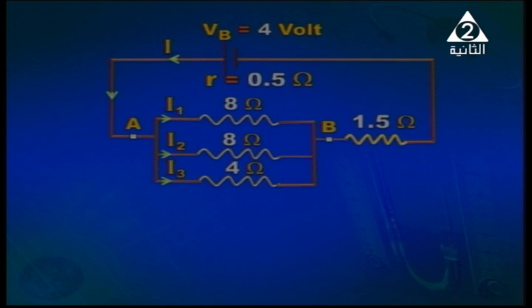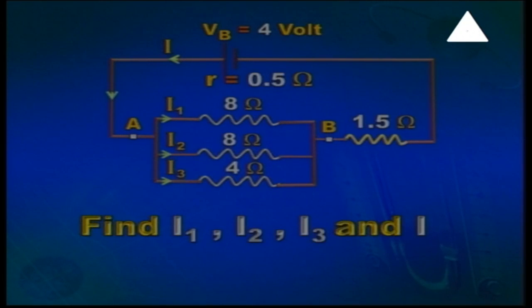This parallel combination is connected in series to 1.5 ohm, and never forget the internal resistance of the battery is 0.5. Calculate the currents I1 through the 8 ohm resistor, I2 through the other 8 ohm resistor, and I3, and then the total current.